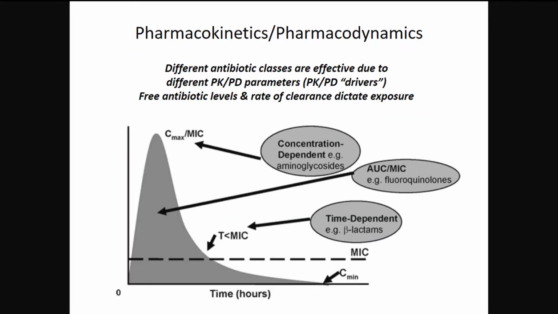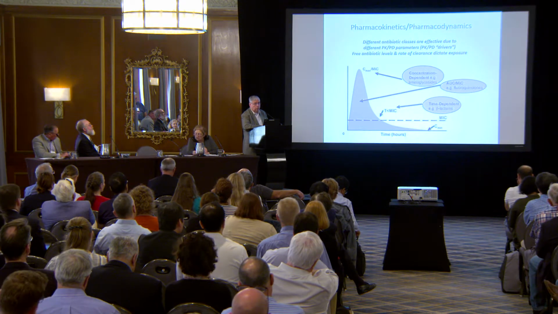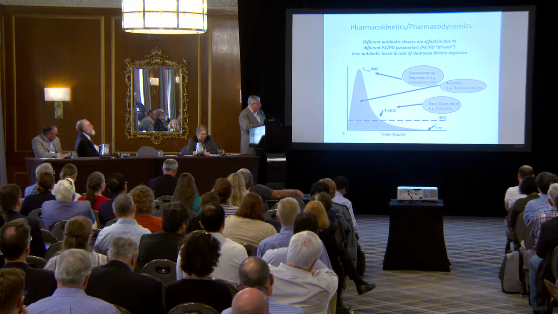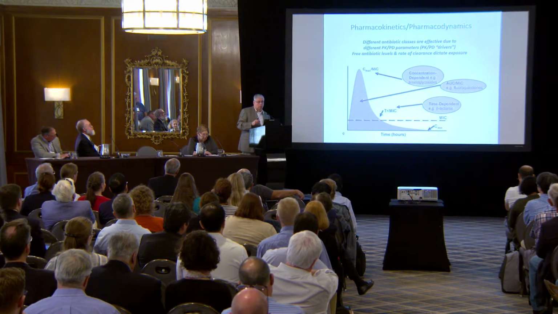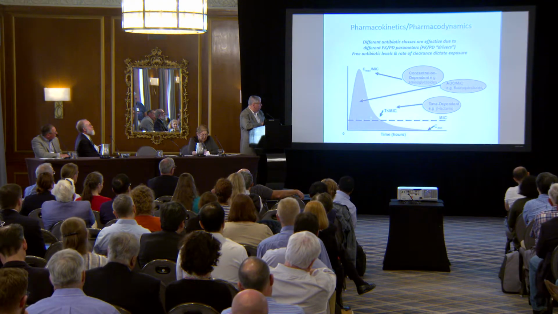This is a quick pharmacokinetics, pharmacodynamics overview. And the important thing here is different antibiotic classes are effective with what we call different PK drivers, that is PK-PD parameters. And Lynn touched on this. For example, aminoglycosides tend to be concentration dependent. As you go above the MIC of your strains, the higher you go, the more killing you get. In the case of other compounds, it's AUC over MIC, so it's this total area here.